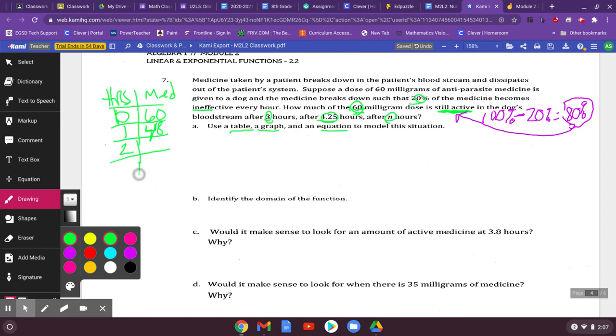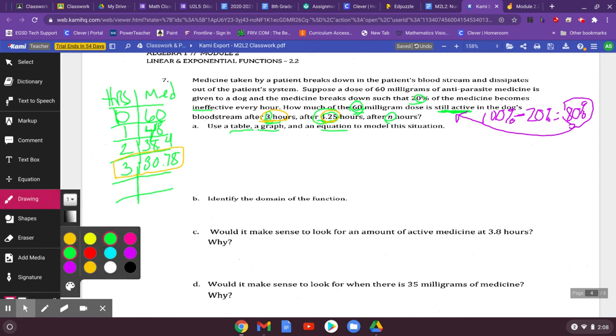The second hour, we have another 80% left. The third hour, we have another 80%, so 30.78. Really, you should only have to go to tenths. And because it's asking for 4.25, we've already done the 3. Look, here's 3 hours.